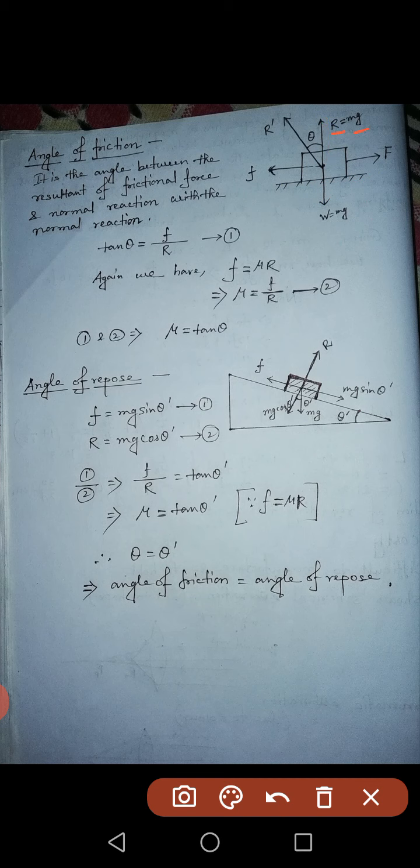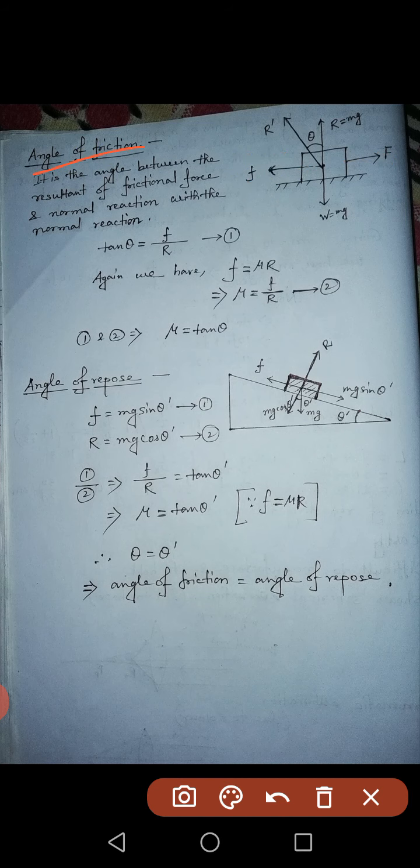Now when this force is applied and suppose the object is not moving, then we will say that between the object and the surface there is a frictional force, and we know that frictional force is in opposite direction to the applied force. So since the applied force is in this direction, the frictional force will be in the opposite direction, which is given by small f.